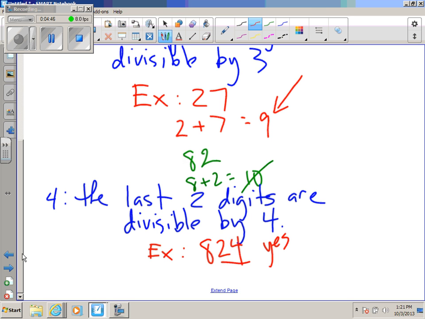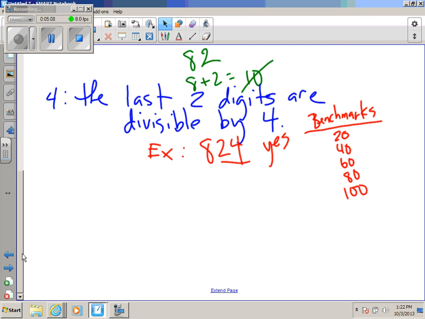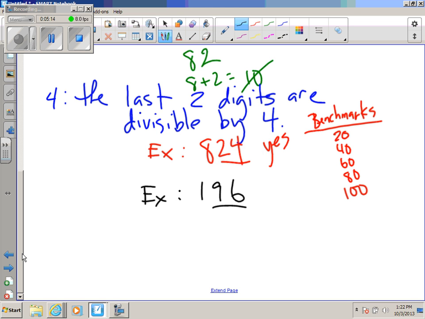So that's why I like to use benchmarks. Benchmarks that you can use in your head mentally when you think of the 4s. Obviously, 20, 40, 60, 80, and 100. So if you had something like, let's say you were testing for 196.